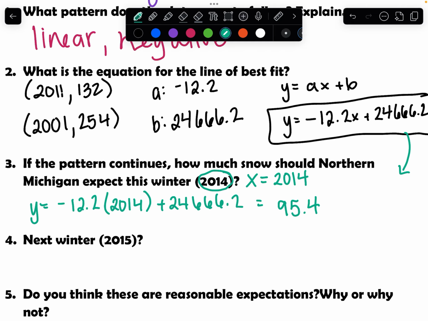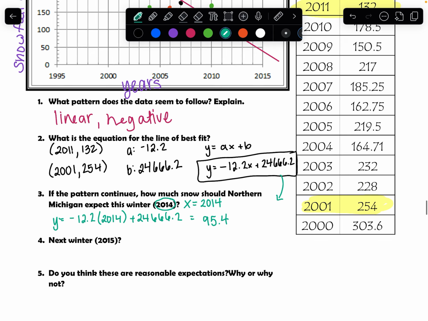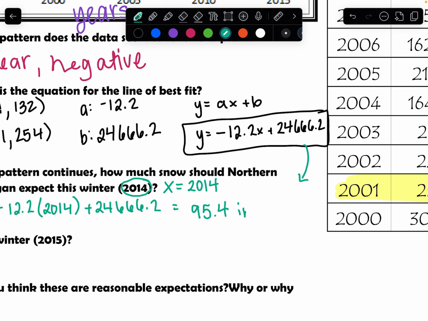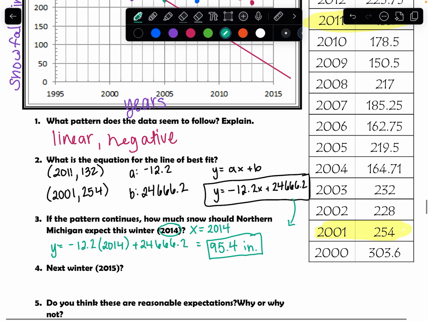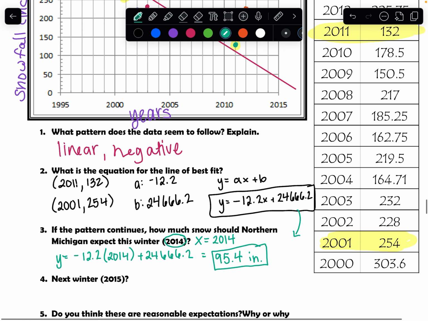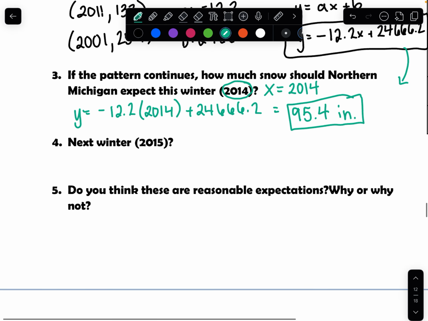And what would happen is we would get 95.4. Now, because this represents a real world thing, what is that output? Well, what's our y value? Snowfall in inches. So we can put inches as our unit. So we would expect that in 2014, based on our line of best fit, which is also called a trend line, we should approximately get 95.4 inches.